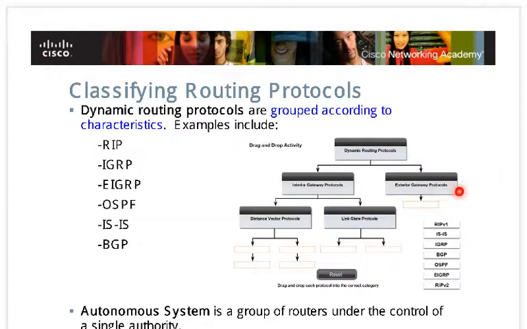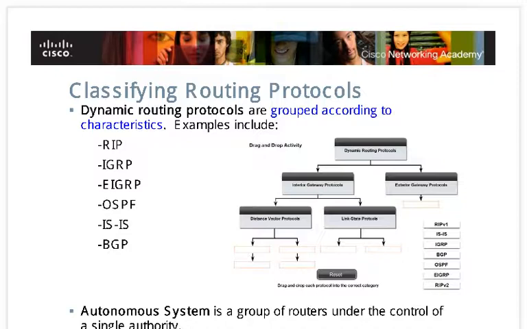Exterior gateway protocols talk about autonomous system to autonomous system routing. These protocols deal with the autonomous system as a whole, as one unit, as if it's one router.